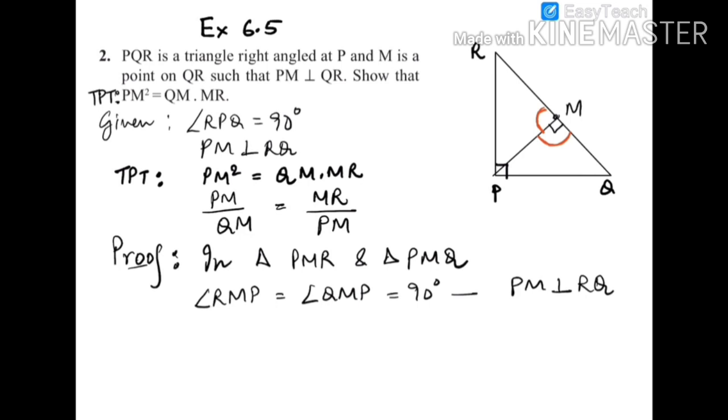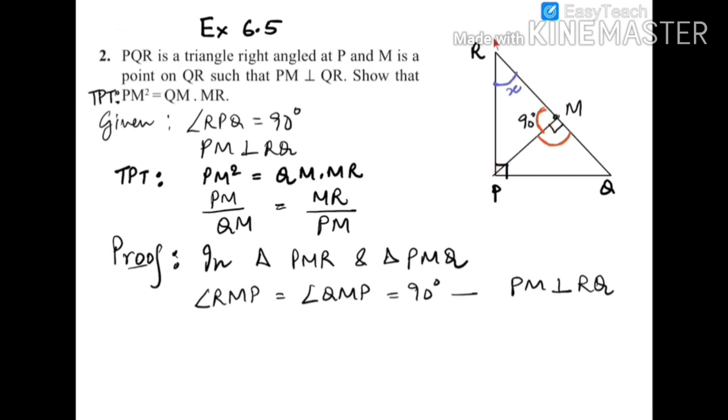Now we have to find one more pair of corresponding angles equal in these two triangles. So let's consider angle R. We will mark it as angle X. Now look at triangle RPM. In this triangle, one angle is 90 degrees, one angle is X. So what will be the third angle?